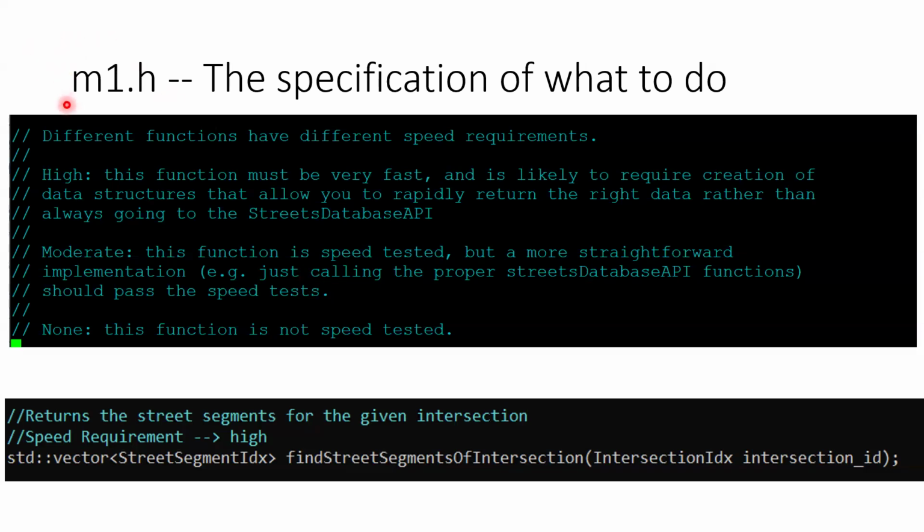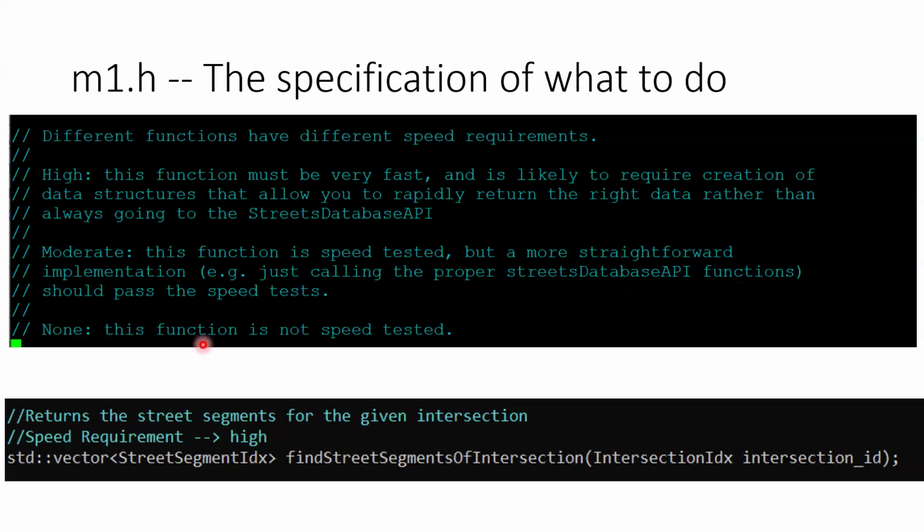In M1.h, we have the speed requirement. And in the comment, it has the description. High speed requirement means this function must be very fast, and it likely requires creation of data structures that allow you to rapidly return. Moderate means this function is speed tested, but you could use it in a more straightforward, brute force way, like just calling the streets database API functions.